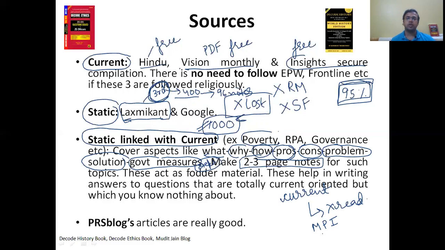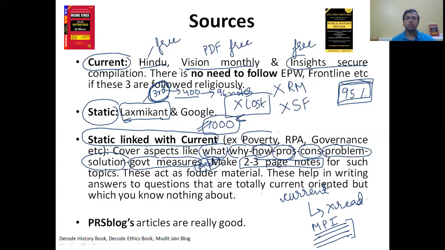If you have not read MPI and there is an entire 5 line question on poverty which you have to answer on the basis of MPI, and you don't know what MPI is, what its parameters or factors are, still, if you have these 2-3 page notes regarding what, why, how, pros, cons, solutions, etc., then you can write whatever you know in this question.